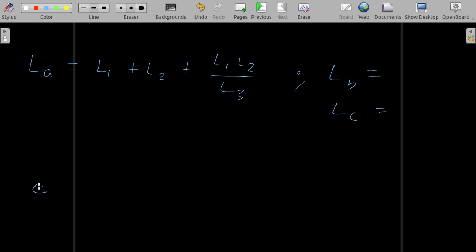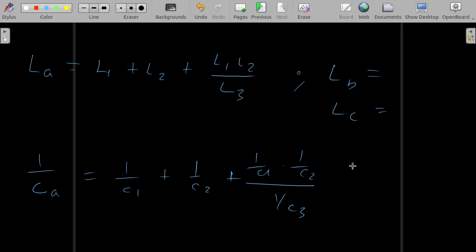If it is capacitance, it will be 1 by CA equal to 1 by C1 plus 1 by C2 plus 1 by C1 into 1 by C2 by 1 by C3. Similarly, 1 by CB and 1 by CC, right? So that is the case.